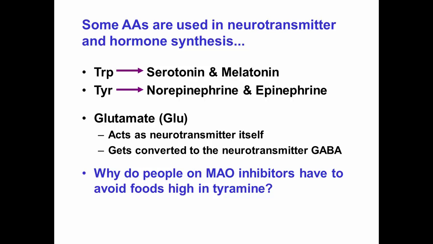Yes. The monoamine oxidase is the enzyme you're talking about. Wonderful. Do you remember what the major problem is if they eat a lot of foods that have tyramine and they're on this medication that's blocking the breakdown of tyramine? So we got a couple of hands there.